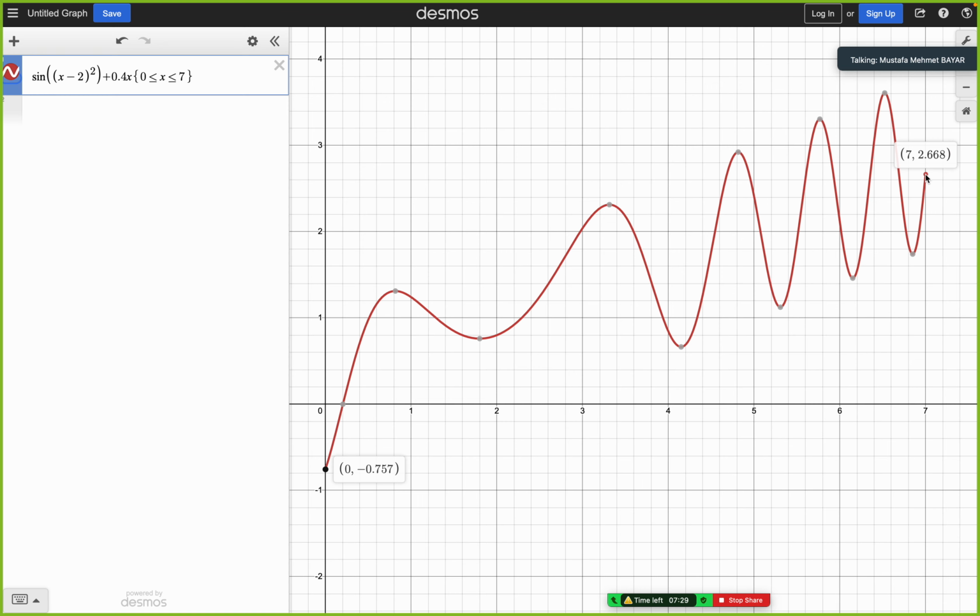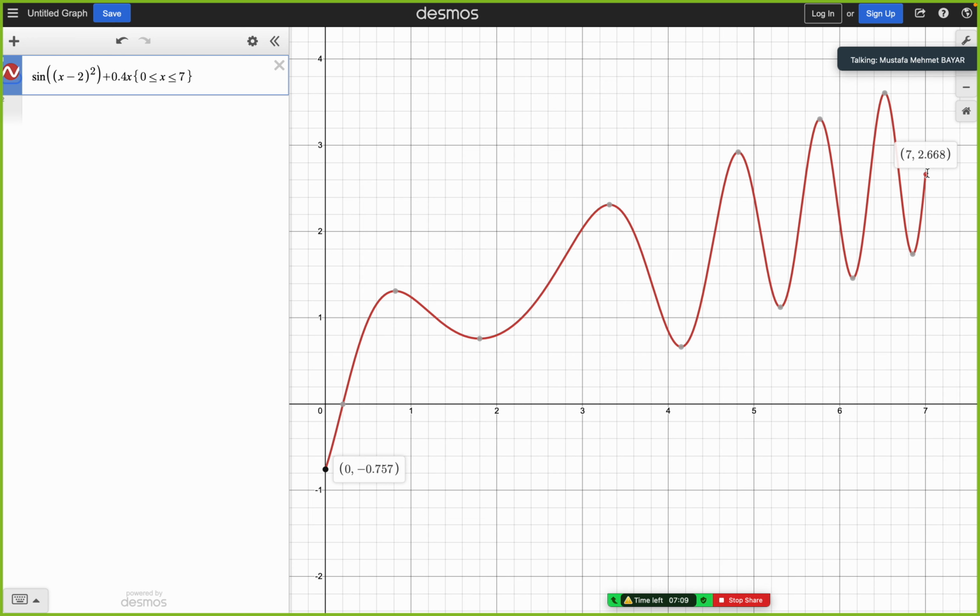This is the first part of your answer, and 7 is another margin point, and the function evaluated at 7 is 2.668. That's the second part of the answer.